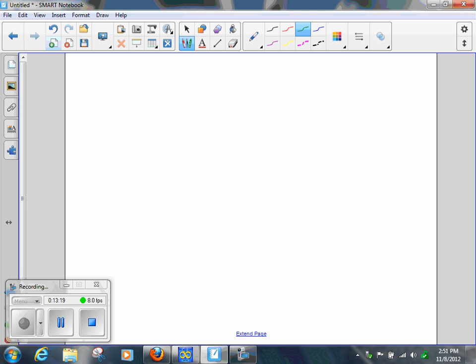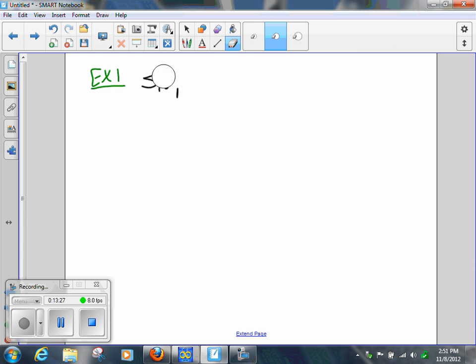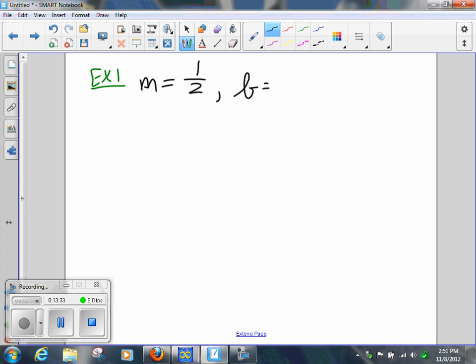Here we go. So let's look at our first example. If I were to give you M is equal to 1/2, B equals 5, folks, what do we have to start with? The formula, the equation. Y equals mx plus b. Now, what do we do?